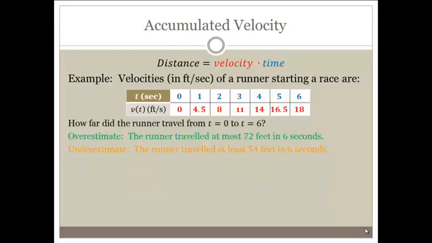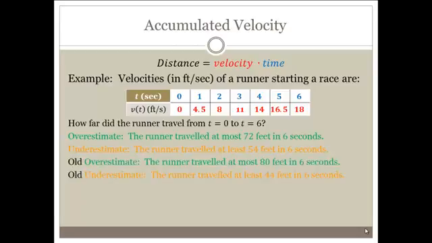So we can conclude that the runner traveled somewhere between 54 feet and 72 feet in those 6 seconds. Notice that compared to our older estimates we have a smaller range. Before, we knew the runner traveled somewhere between 44 and 80 feet, but now we know the runner traveled between 54 and 72 feet. So we have a better estimate.